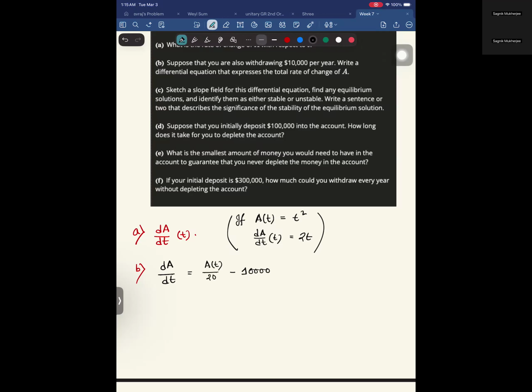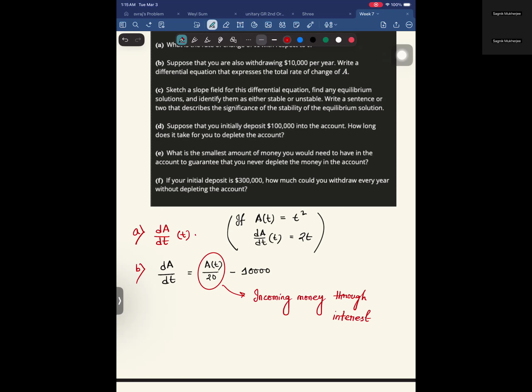Why is that? This is because this is the incoming money through interest.